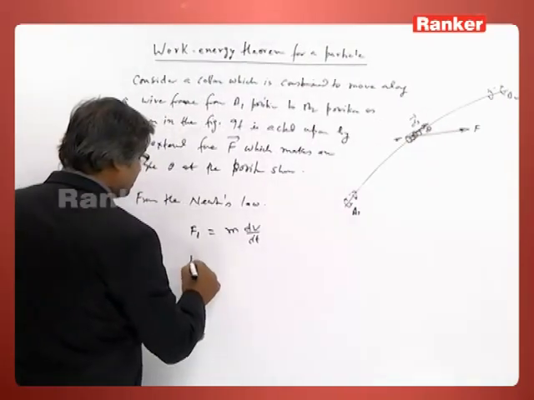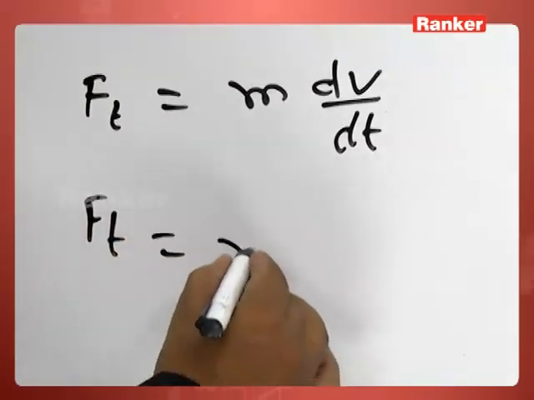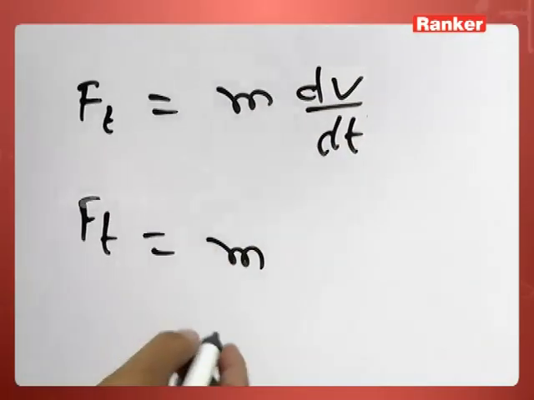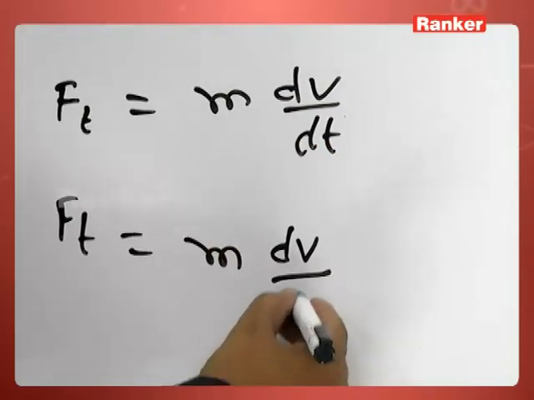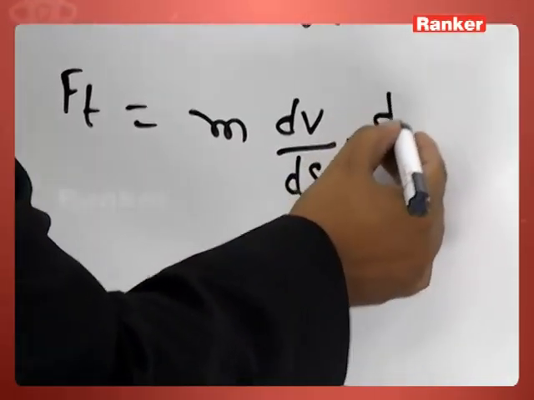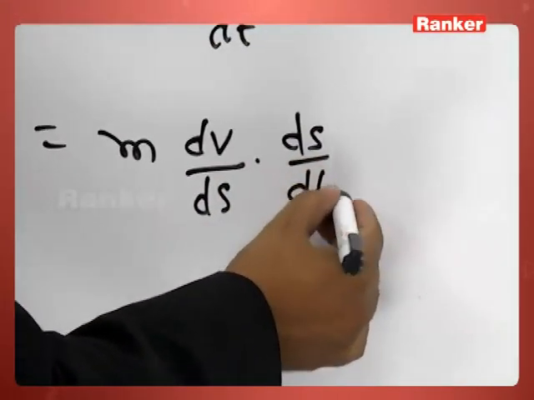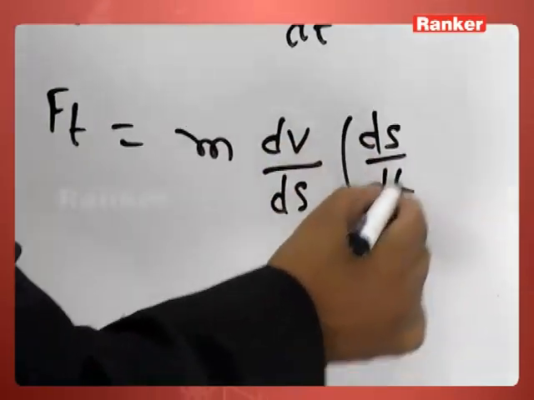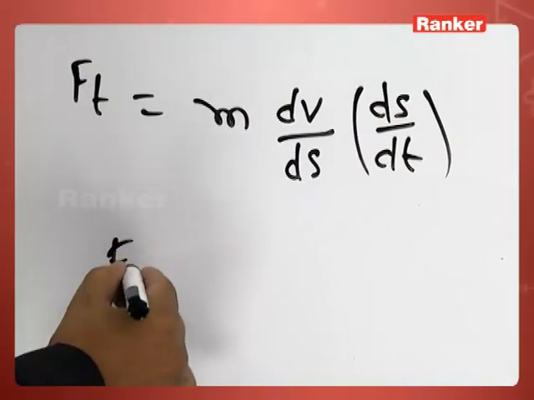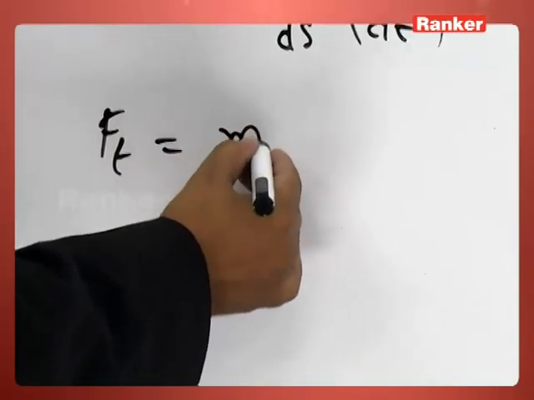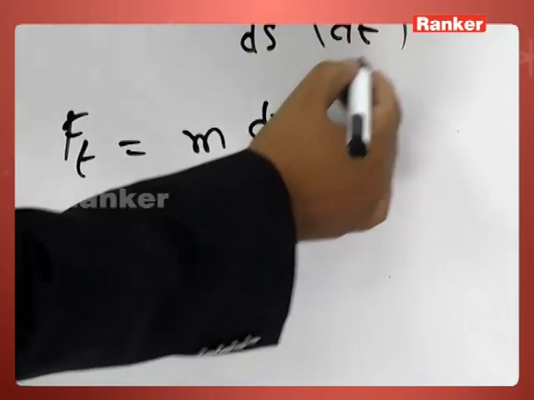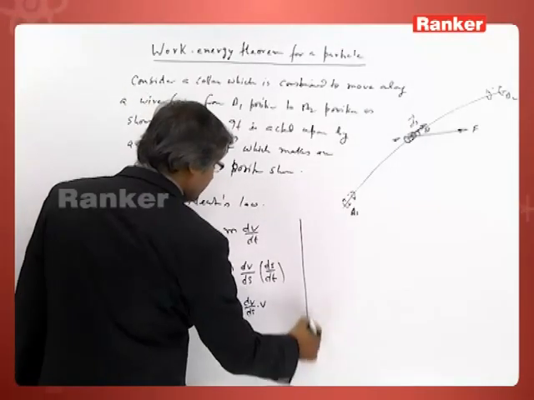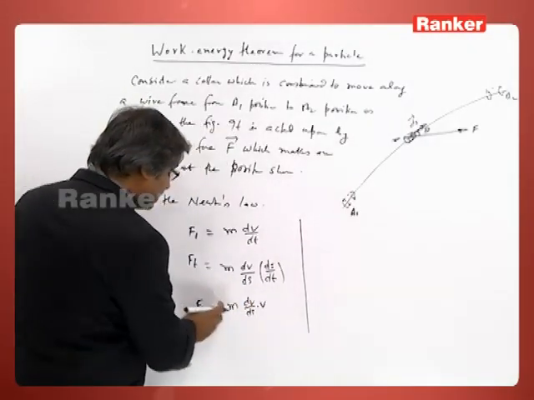We can write this Ft as mass times dv by dt, which is dv by ds into ds by dt. So you can again see this tangential component of force into ds, and this ds by dt is v. So this can be further simplified.